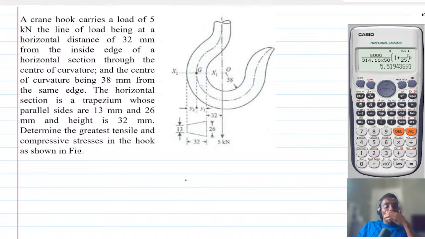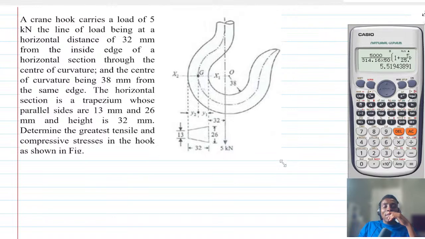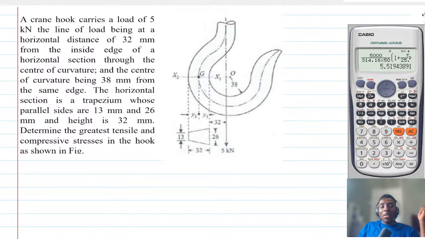All right. So there we are with a crane hook question. This is actually a direct application of the curve bars. So we've been asked to find some of the stresses in the crane hook. So let's look at this question.